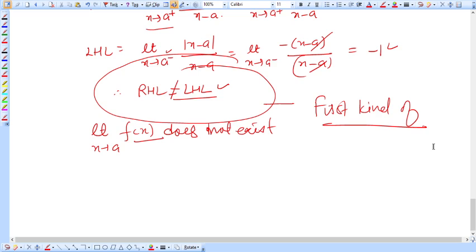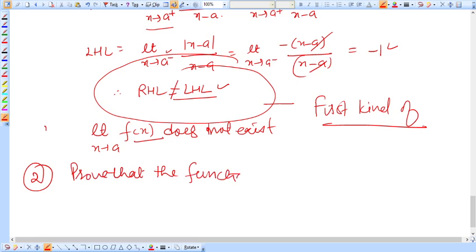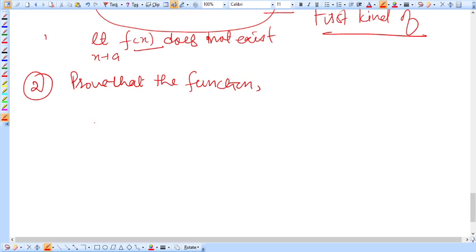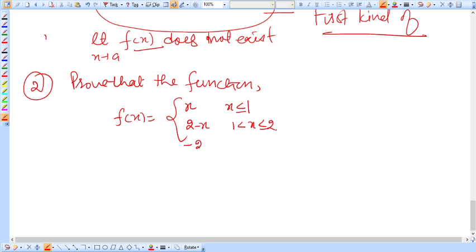So now, problem 2. Prove that the function f of x equal to x when x is less than or equal to 1, 2 minus x when x lies between 1 and 2, and it is equal to minus 2 plus 3x minus x square when x is greater than 2, right?